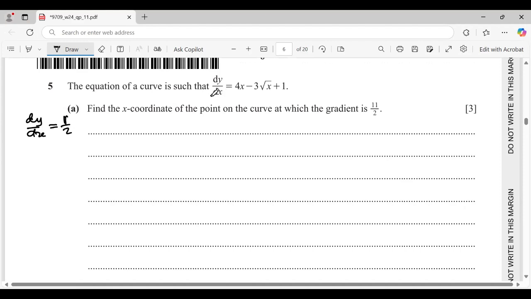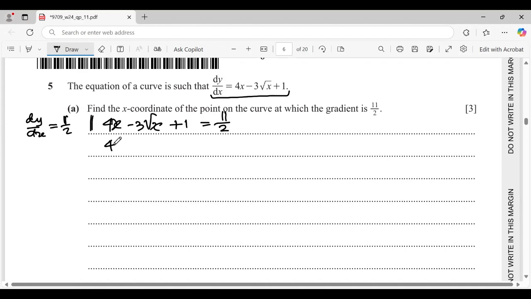And as well, dy/dx equals 4x minus 3 square root x plus 1. So dy/dx equals dy/dx, and we can state the equation 4x minus 3 square root x plus 1 equals 11 halves.